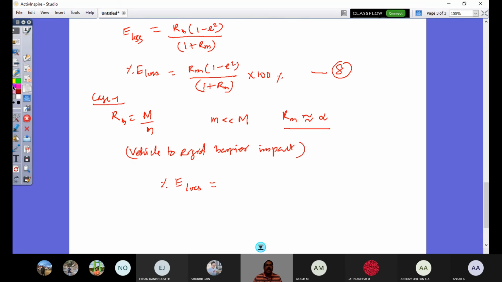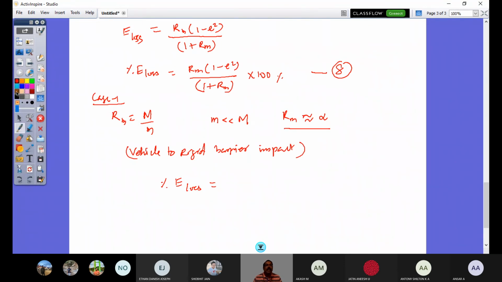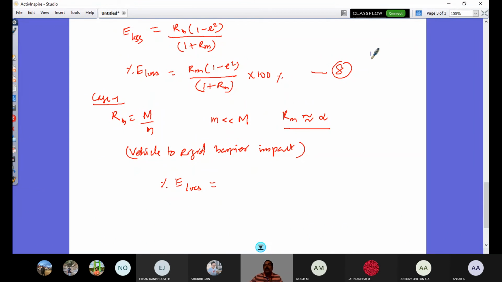For that, I'm going to rewrite this equation 8 in a convenient form. If I substitute Rm equals capital M by small m, this equation, let me call it 8A, and the 8B equation would become: percentage energy loss equals capital M by small m plus capital M, into 1 minus E square, into 100.